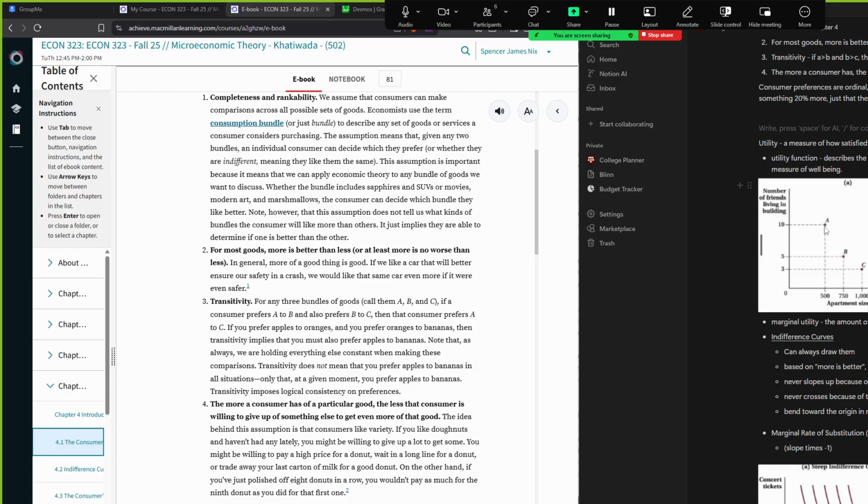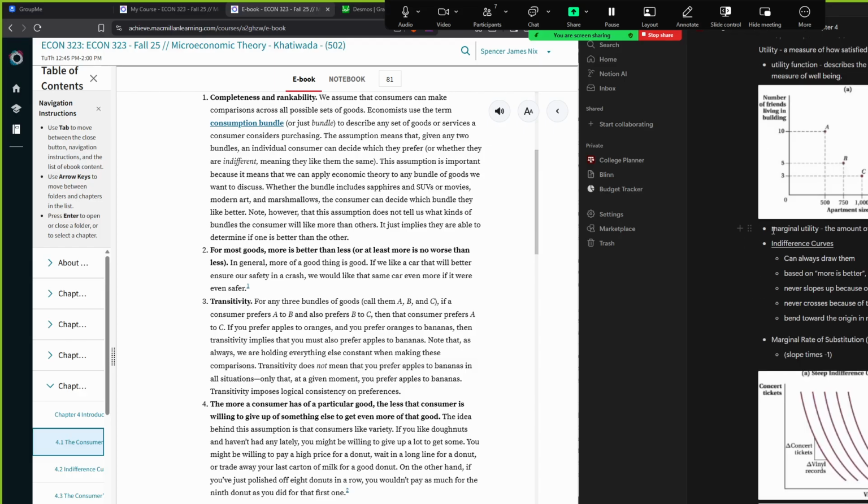It's how good I would feel, basically. Any point on this line where those 2 axes intersect would be the same amount of feeling good. I would feel the same here as I do here.